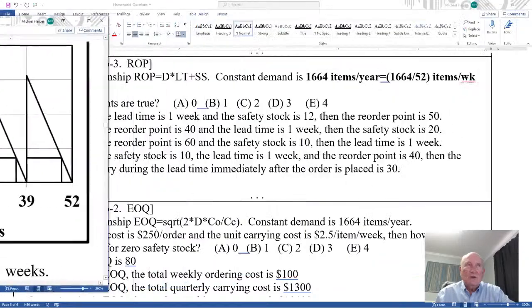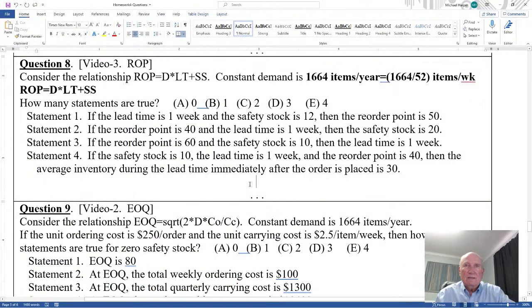Okay, so let's come back here. Let's see here. So the average inventory is going to be my demand times lead time, divided by 2, okay, but then it's going to be plus my safety stock.